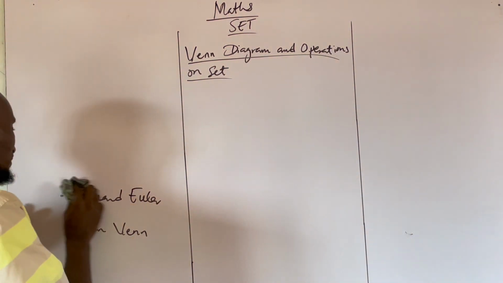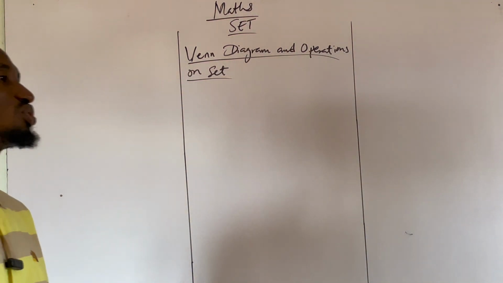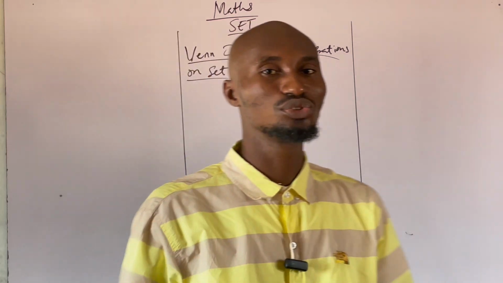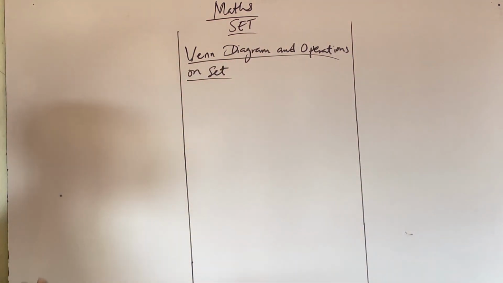Did you get? Now, this Venn diagram is used to illustrate and to show information on set.